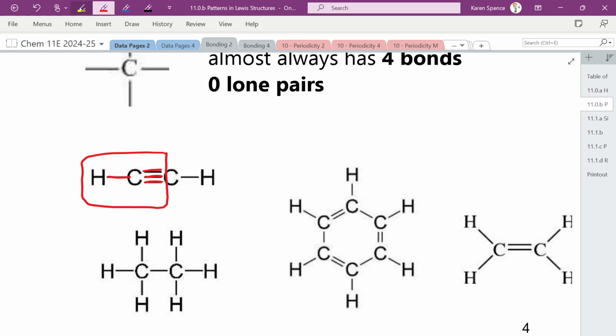How many electron domains does that carbon have, the one in red? It's got electrons on the left, and it has electrons on the right. A triple bond is 1 electron domain, okay?